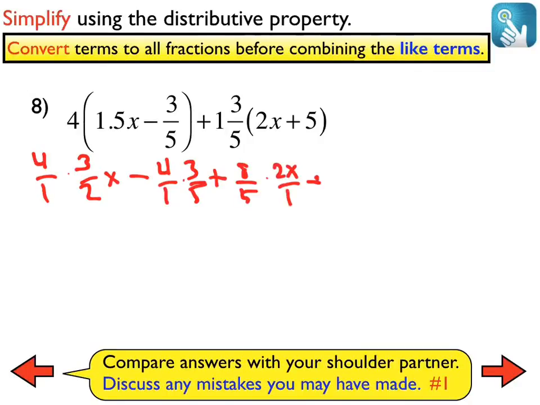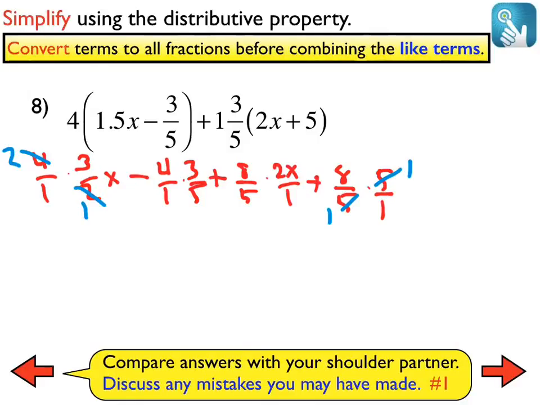And if you don't have this step correct right now, can you please fix it on your paper so we can move on? Okay, these cross cancel. And these cross cancel. Anything else? Nope, so we can multiply now.